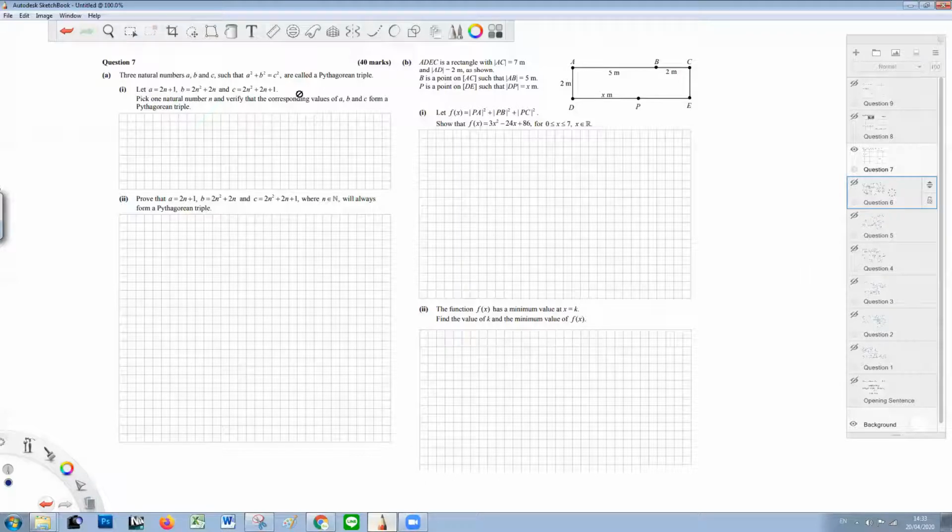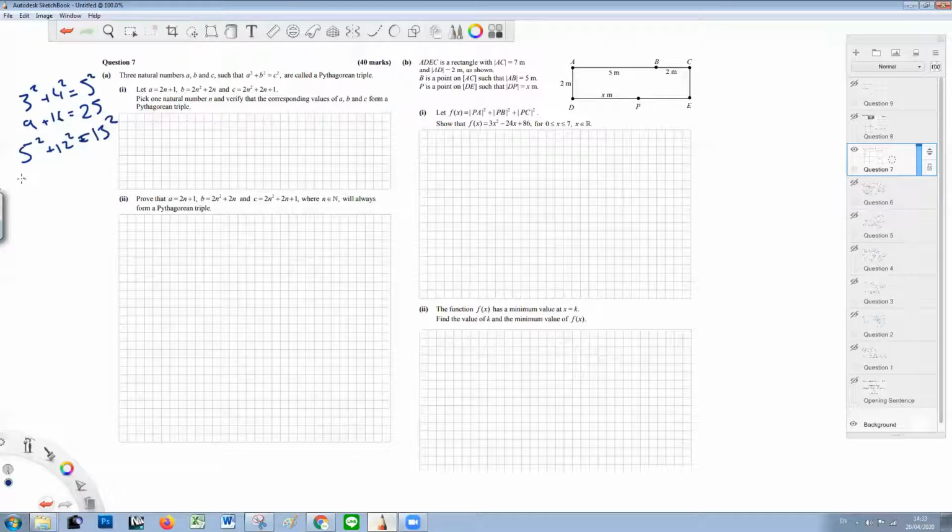A Pythagorean triple is something like 3 squared plus 4 squared is equal to 5 squared, so 9 plus 16 is equal to 25. Another example is 5 squared plus 12 squared is equal to 13 squared, so that's 25 plus 144 is equal to 169. So those are just 2 examples of a Pythagorean triple.